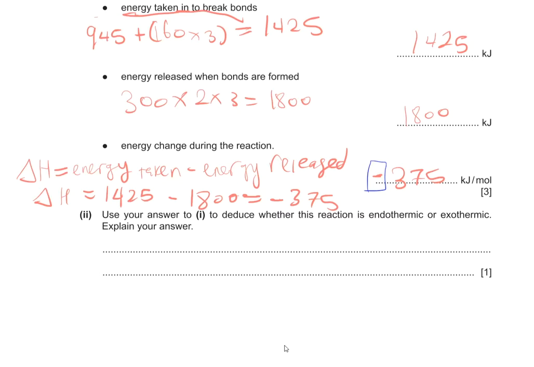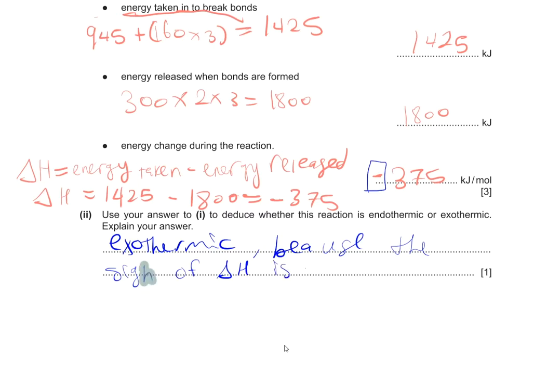And since it's negative, we're going to say that the reaction is exothermic because the sign of delta H, which is the change in energy, is negative.